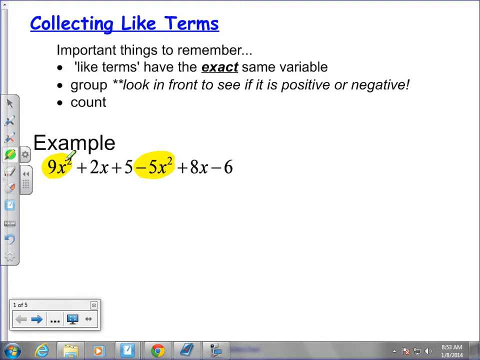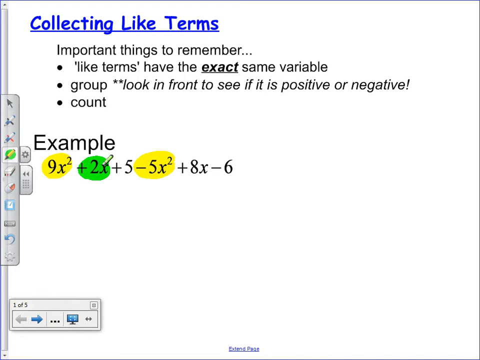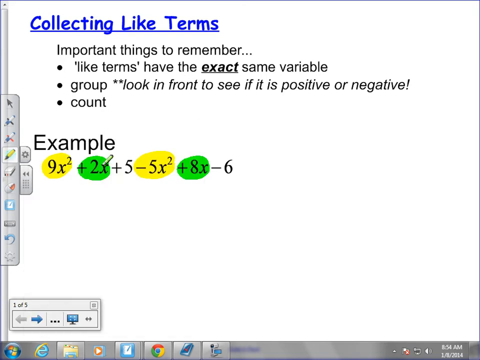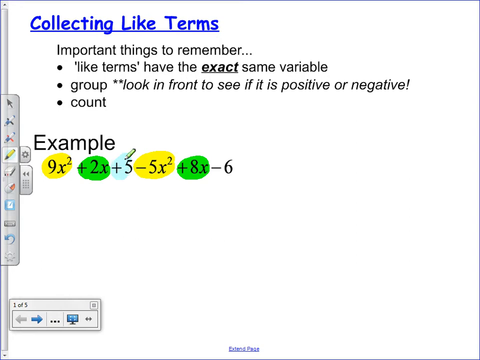Lucas? What do I highlight? Positive 2x and? Good. What else am I going to highlight? Nick? Positive 5 and negative 6. If you don't have highlighters, go get them. They're in the bins, which you guys should get.